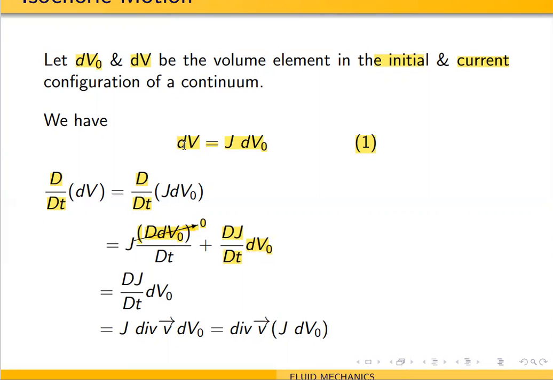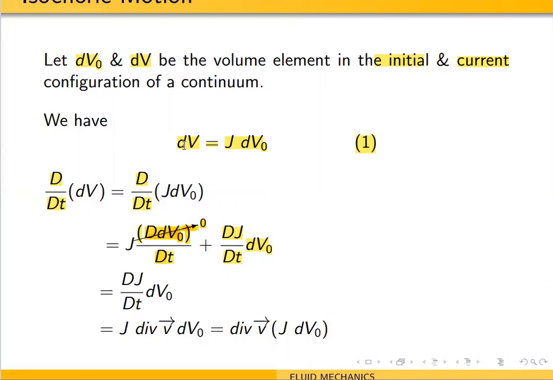Therefore d by dt of dV naught is 0, or small dV naught is also constant. So this first term will vanish, and only the second term will remain: dJ by dt dV naught.